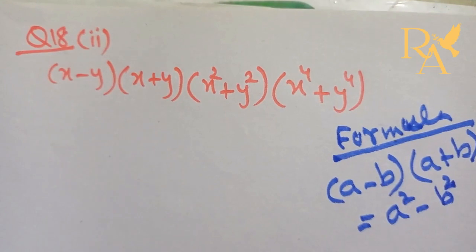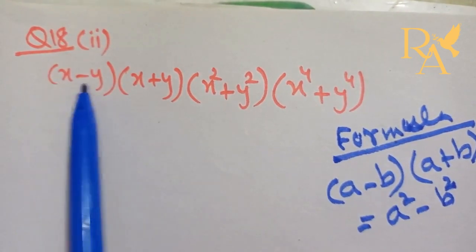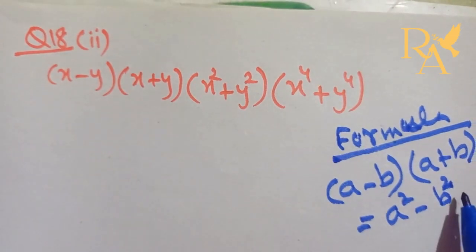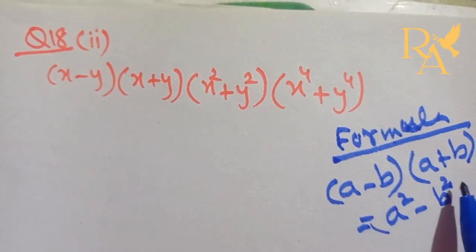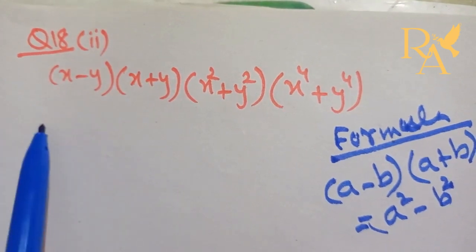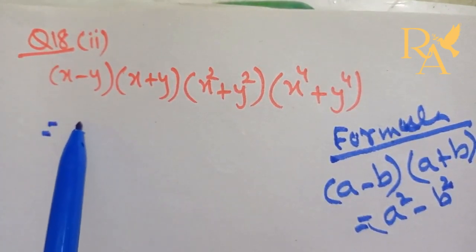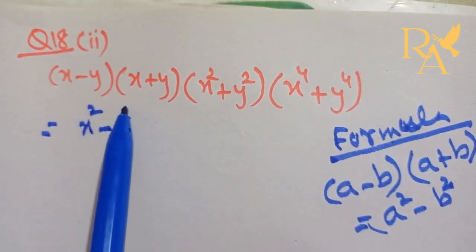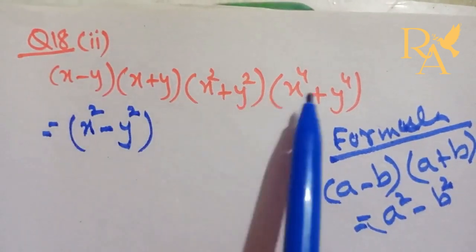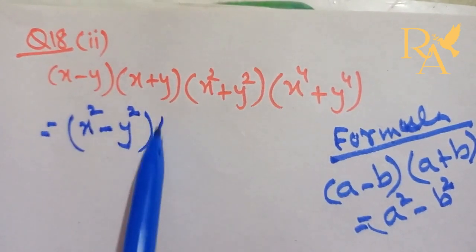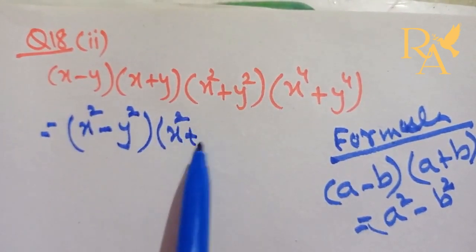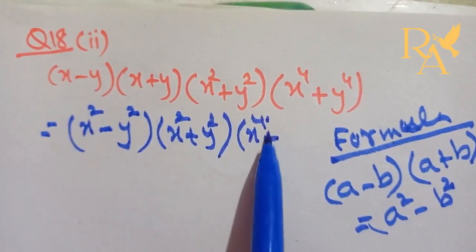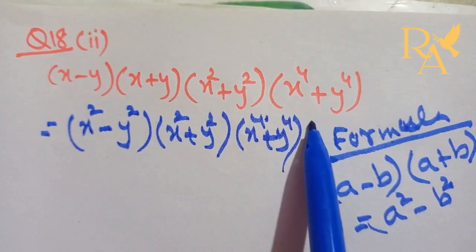Now we can use x minus y and x plus y. By using this formula, we can write a square minus b square same as x square minus y square, keeping both these equations same: x square plus y square, x power 4 plus y power 4.